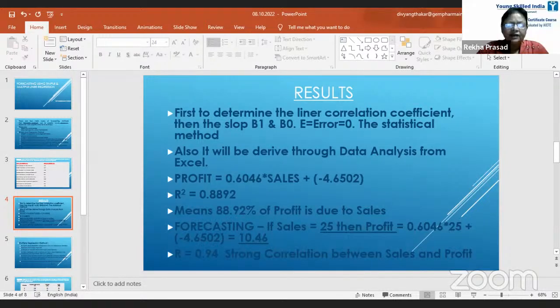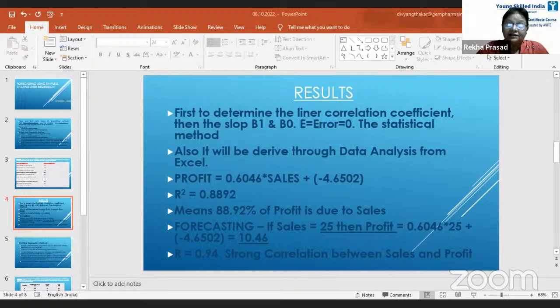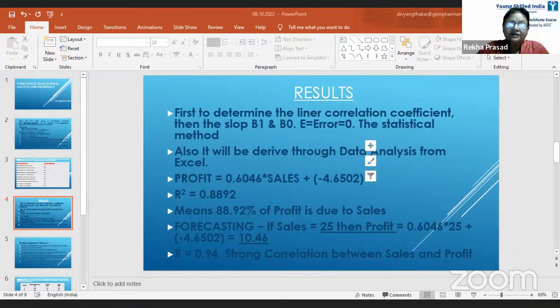And what is R square? R is the correlation, and R square is the coefficient of determination.